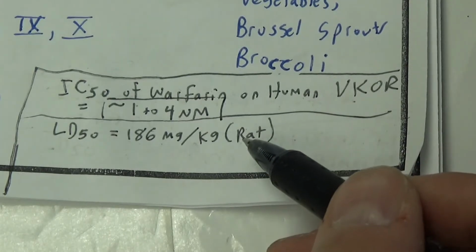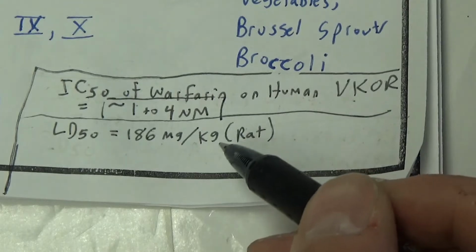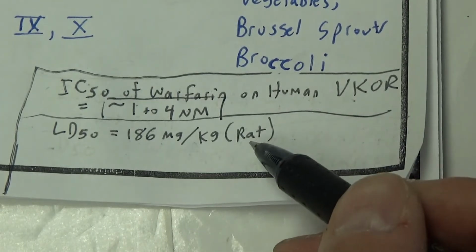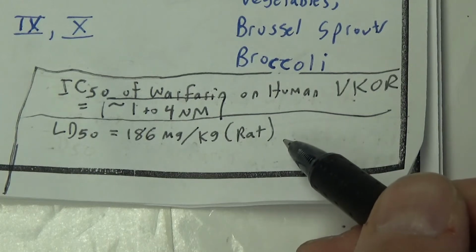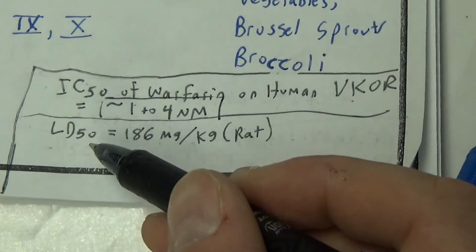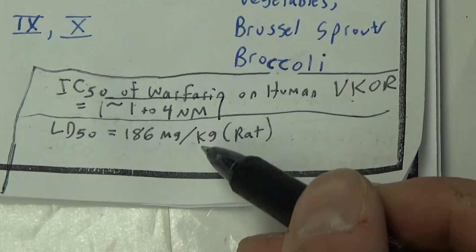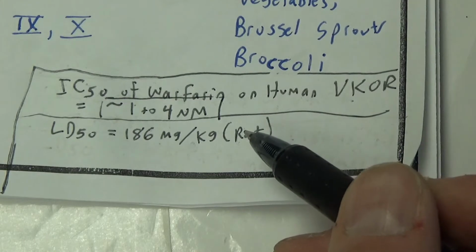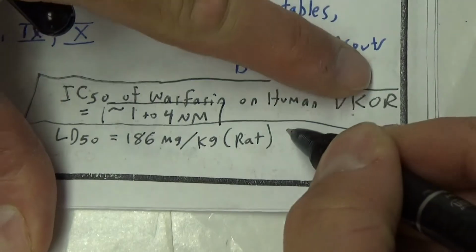Of course a rat doesn't weigh a kilogram, so we have to normalize this to figure out ultimately the concentration. I'm going to give the concentration in a second, and we'll do the calculation, I think, in the next lecture. But anyway, that's the lethal dose that would kill half of a population of rats. For a mouse, it's actually a larger number, so we'd say it's less toxic even for a mouse.